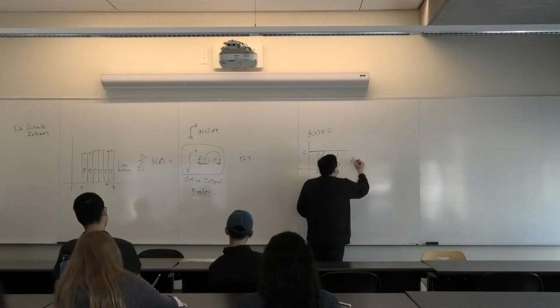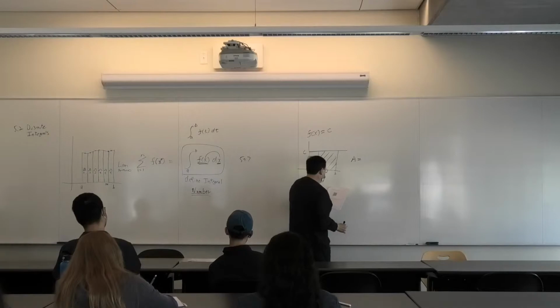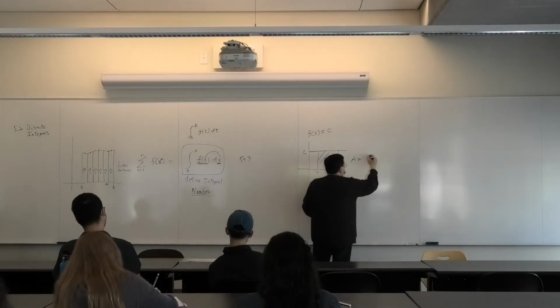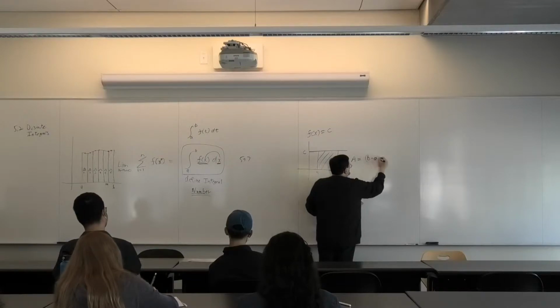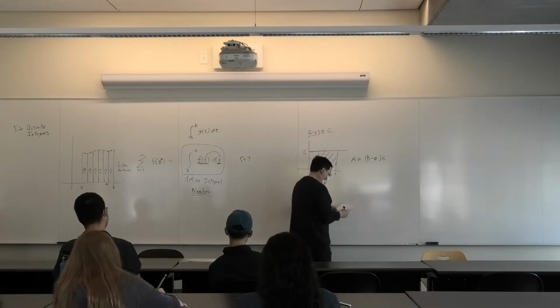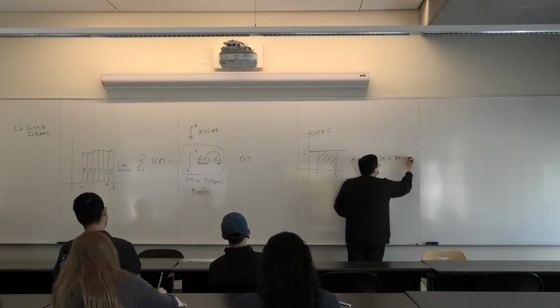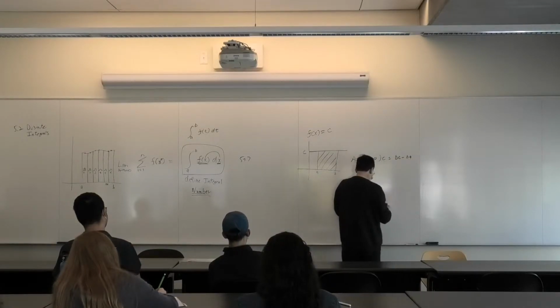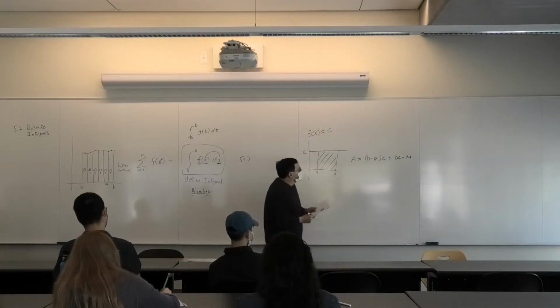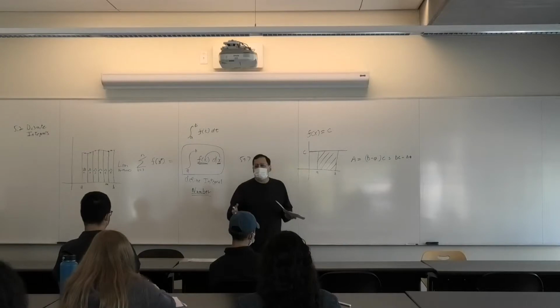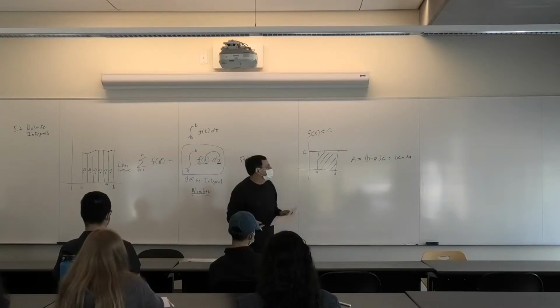And our area is very easy to calculate. It's just the distance on x, which is b minus a, times c, or bc minus ba.